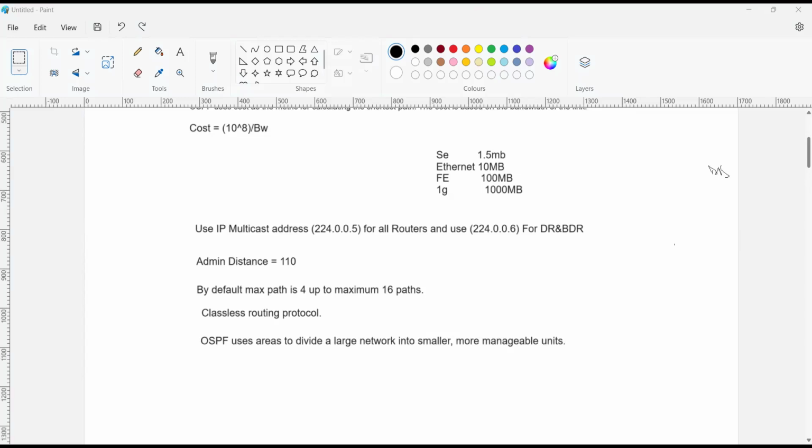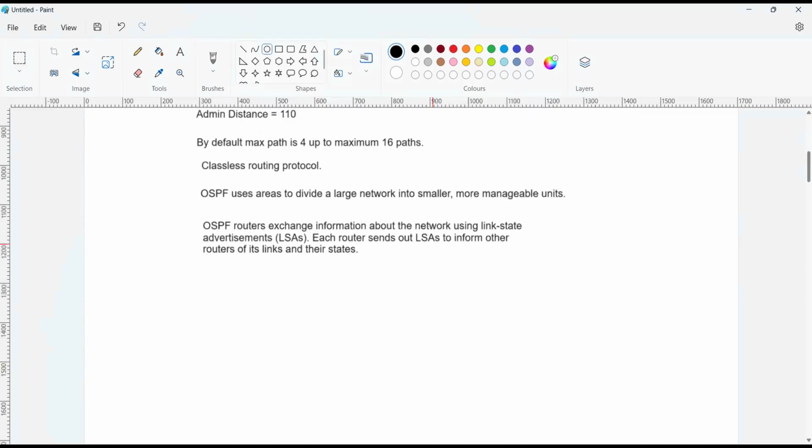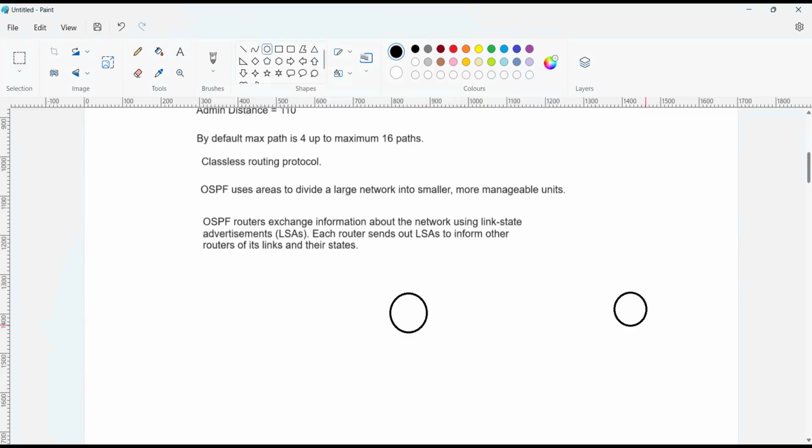With the help of LSAs, the routers R1 and R2 are sending hello packets. I'll explain these things, but before that, I'll explain the basics of what a link state advertisement is.